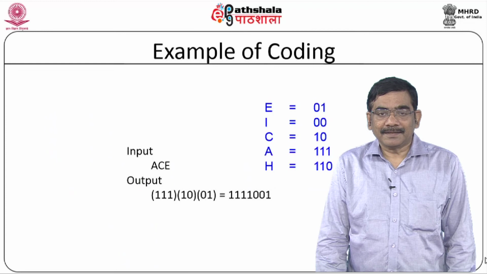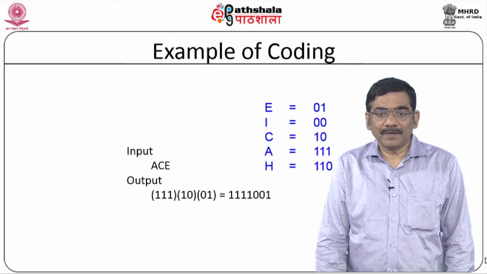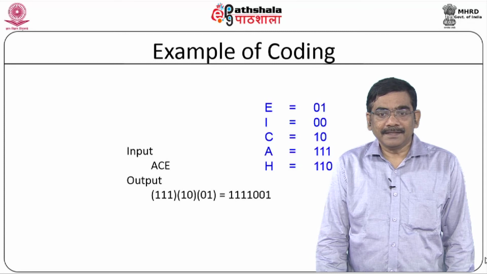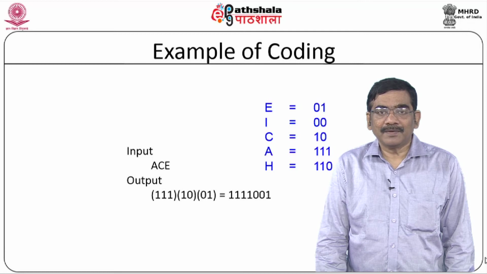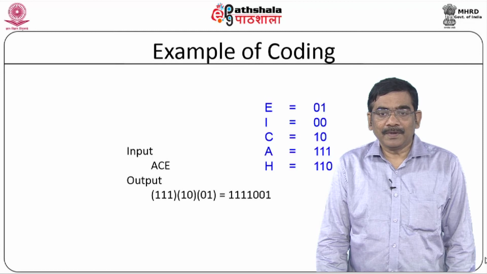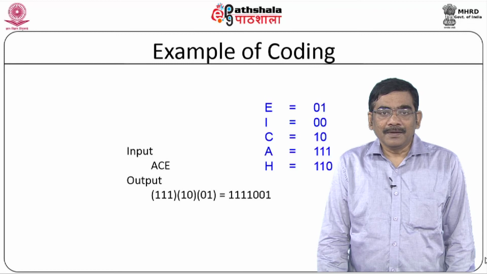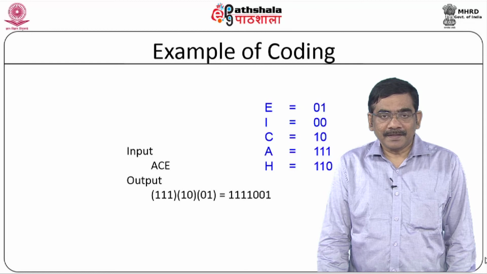So, imagine like this. I want to transmit the message ACE across the channel. So, for A it is 1, 1, 1, and for C it is 1, 0, and for E it is 0, 1. That means I will be sending the binary stream 1, 1, 1, 1, 0, 0, 1 across the channel. So, across the channel this bit stream will be received.